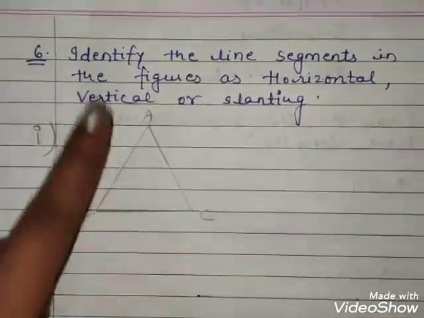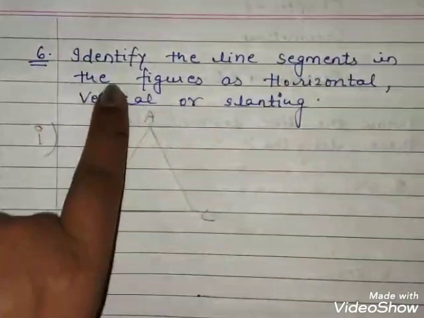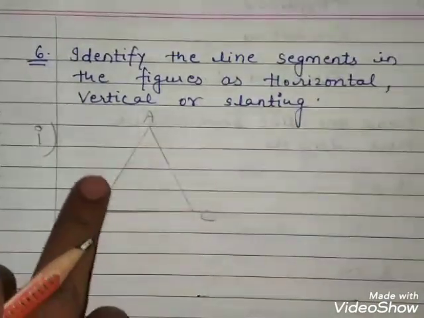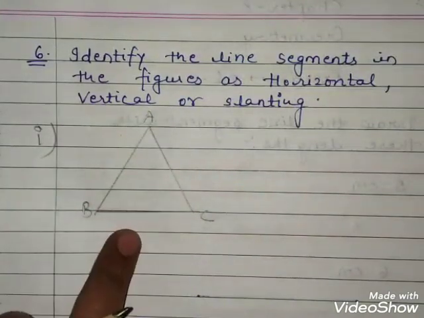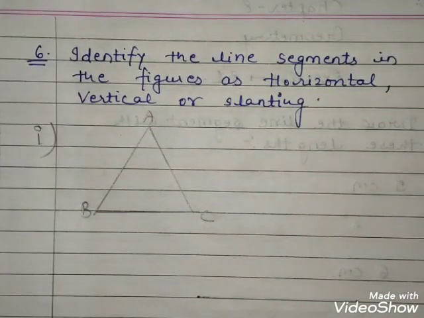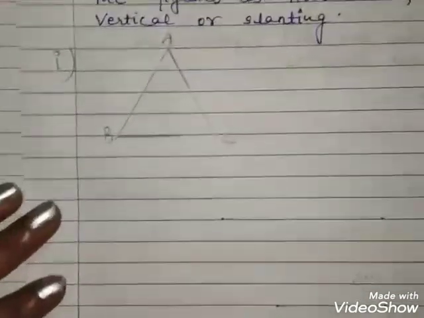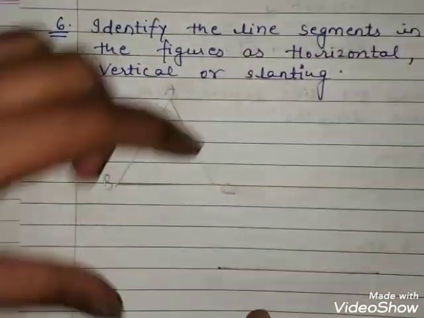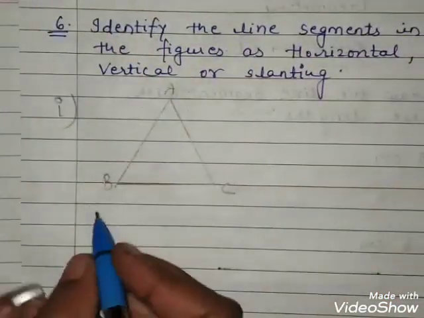Now we need to identify the line segments in the figures as horizontal, vertical and slanting. We need to say which of the line segments given in this figure is horizontal and which one is vertical. Okay, so we can see that AB and AC, these lines are slanting, right?